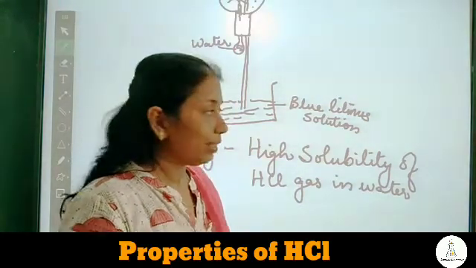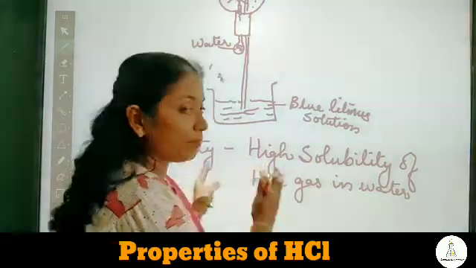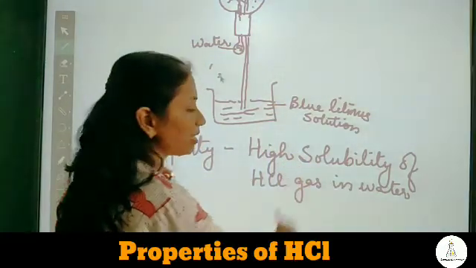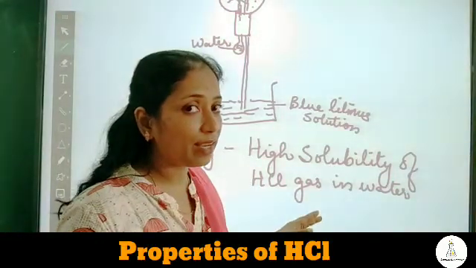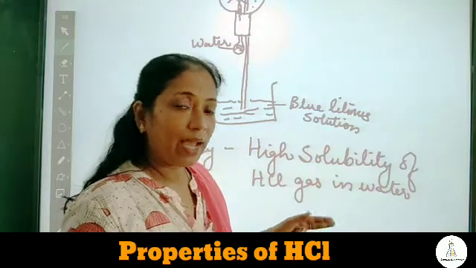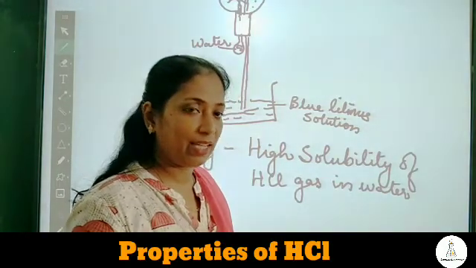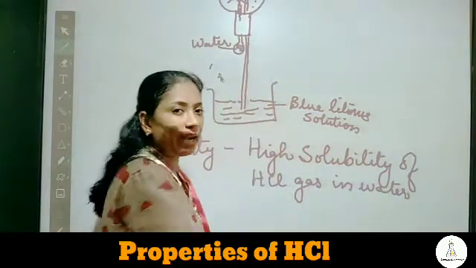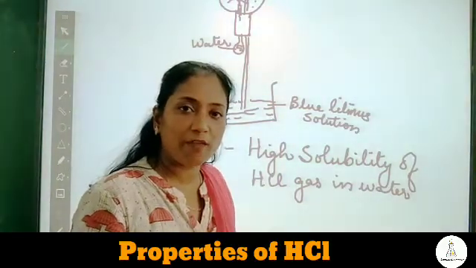No. So this experiment demonstrates the high solubility of HCl gas in water and not the acidic nature of HCl. HCl is acidic in nature, and because of that the blue litmus turns red when it gets into the round bottom flask.